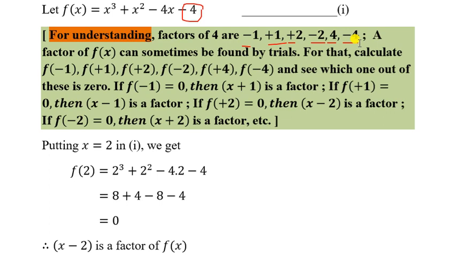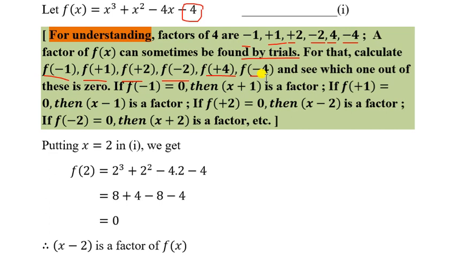And with all these, see it's written, a factor of f of x can sometimes be found by trial. By trial you have to find a factor. For that you have to find the values of f of minus 1, f of plus 1, f of plus 2, f of minus 2, f of plus 4, f of minus 4.